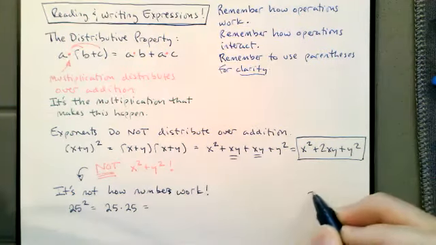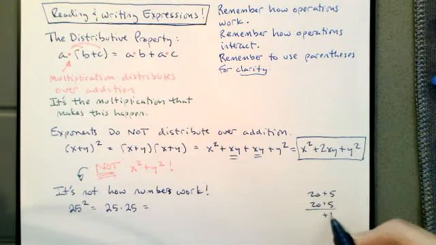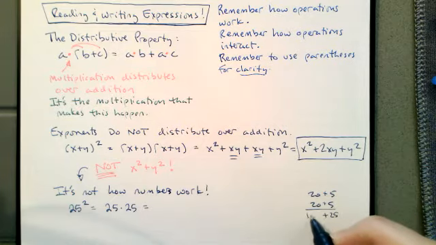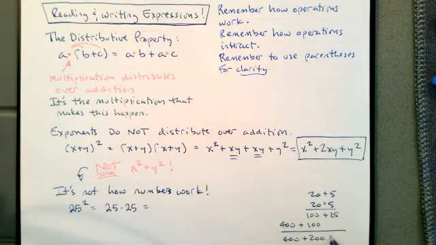That means I need to take 25 times another 25. 5 times 5 is 25. 5 times 20 is 100. 20 times 5 is 100. 20 times 20 is 400. I don't know why I confused myself at that point. So I have 400, 200, and 25, otherwise known as 625.